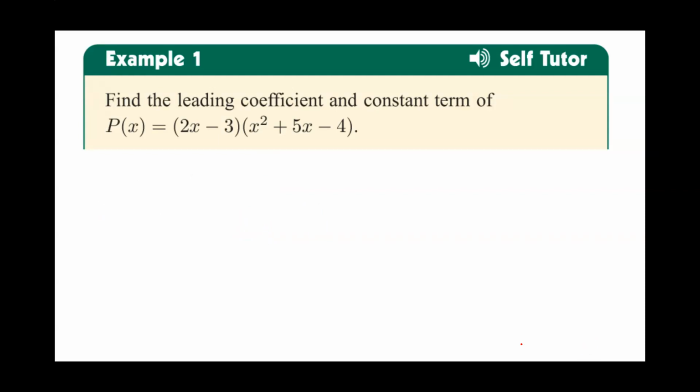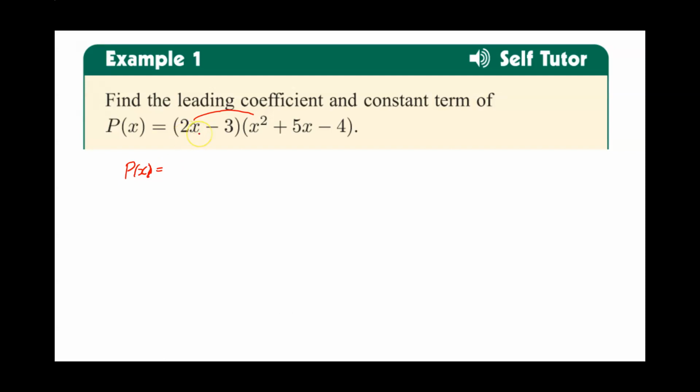Let's have a look at this example. Find the leading coefficient and constant term of p of x. So a way to do a question like this is by opening up the bracket. Okay, so I'll do that here. When I open the bracket, I just times one by one. So you can actually draw this line to help you know that you're not missing a term.